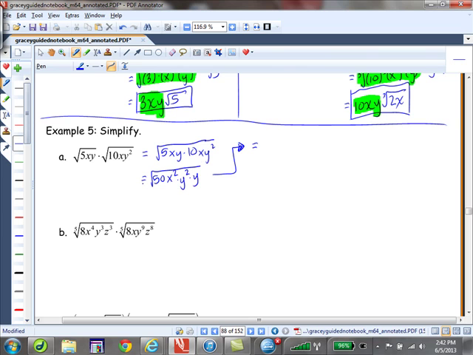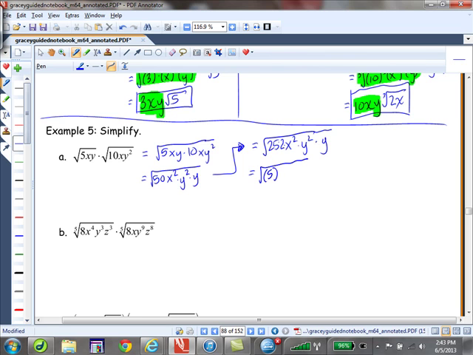Now, a perfect square as a factor of 50 is, good, 25. So we'll have 25 times x squared times y squared times y. Actually, my apologies, 25 times 2 times x squared times y squared times y.